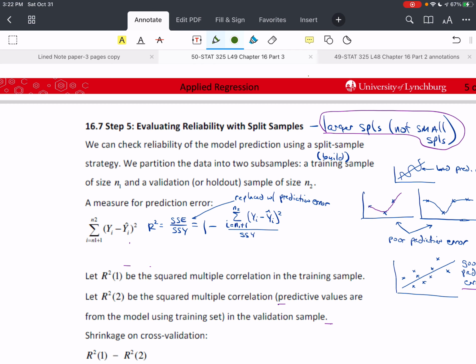We want to pretend like it's a population, and we're going to take a random sample out of the sample that we've taken, and this is only good for larger samples. This does not work on small samples. And we're going to randomly select about half for what we call a training or building set.